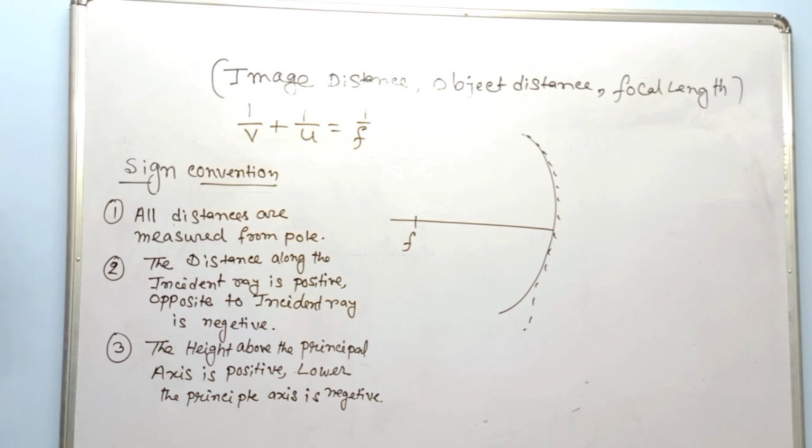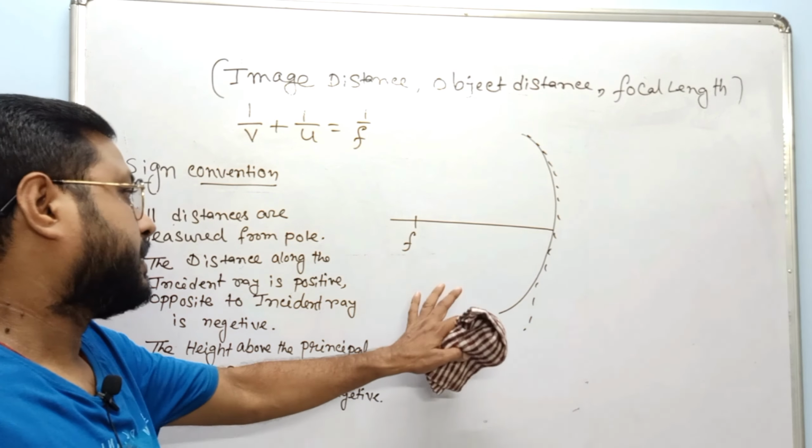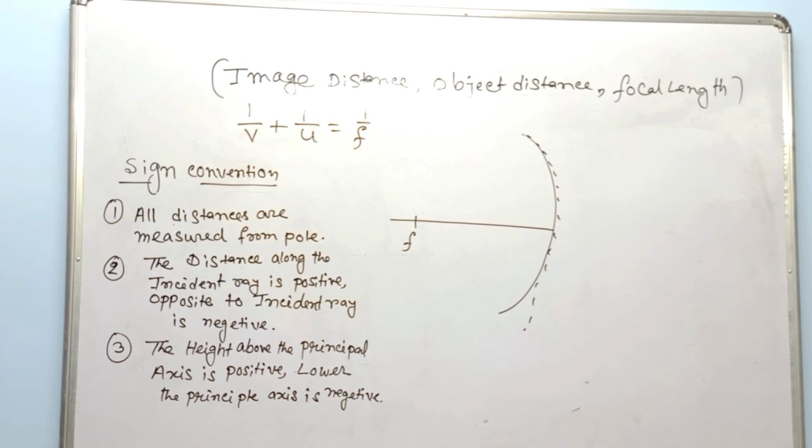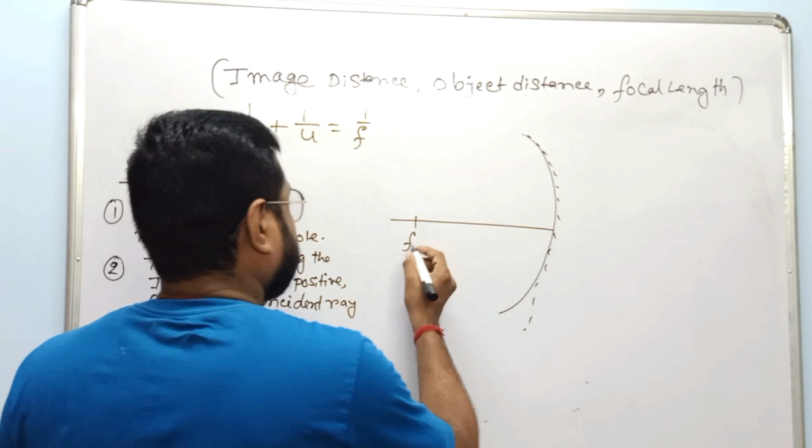So before going to prove the relation, we can first know this sign convention formula.